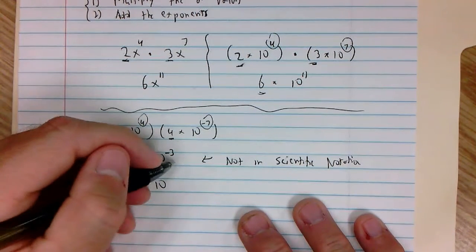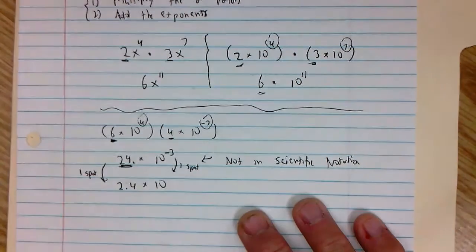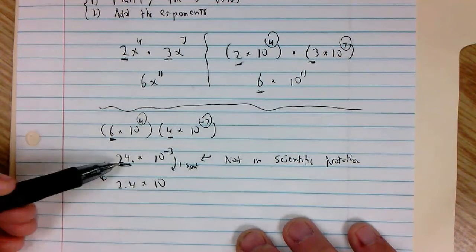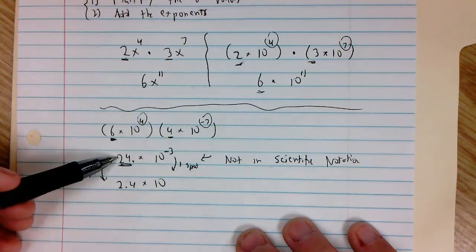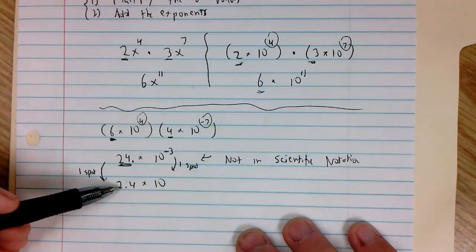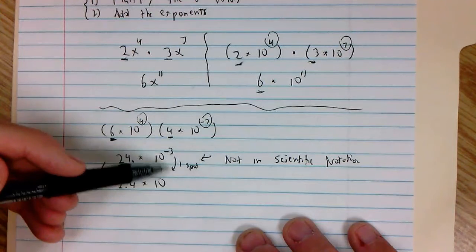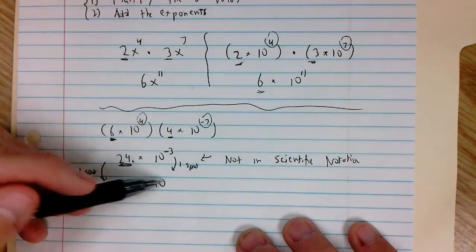And to make up for that, I need to move the exponent one spot. And here's the way I think about this. If the number is getting smaller, right, it went from being 24 to 2.4, then to make up for that, the exponent needs to get bigger. Because we really want these two things to have the same value.